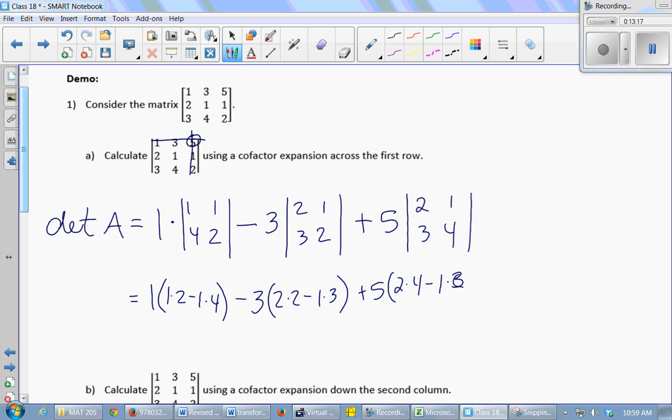Oops. All right, so that's negative 2. 4 minus 3 is 1, so that's negative 3. 2 times 4 is 8, minus 3 is 5, times 5 is 25. And that ends up being 20.